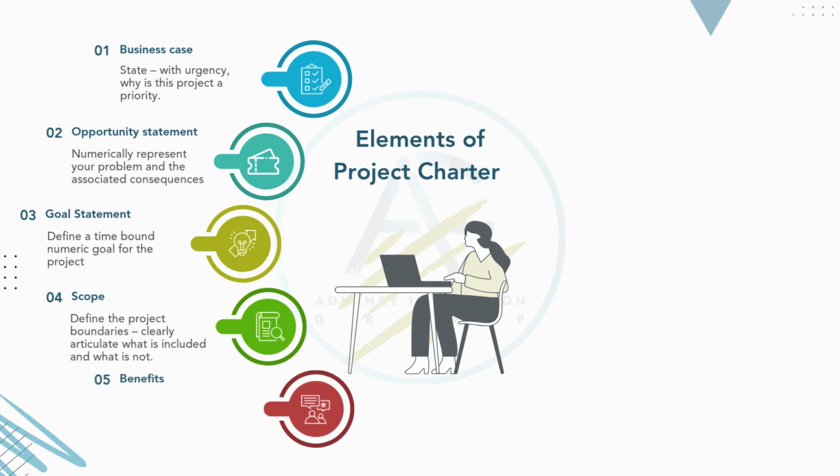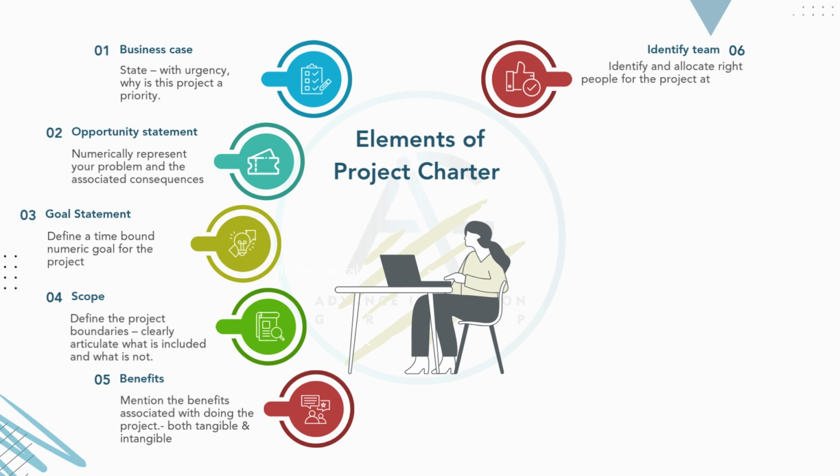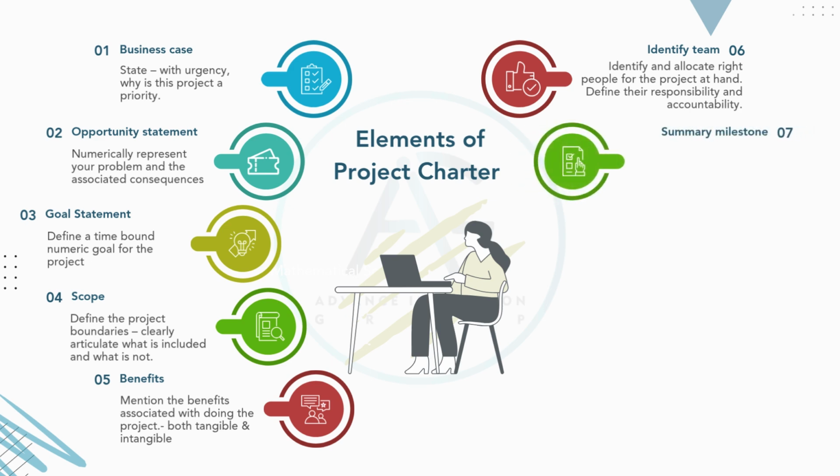5. Benefits. Mention the benefits associated with doing the project, both tangible and intangible. 6. Identify team. Identify and allocate the right people for the project at hand. Define their responsibility and accountability. 7. Summary milestone.